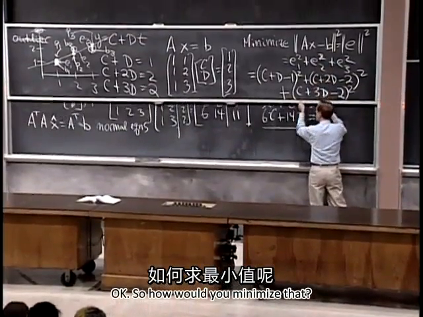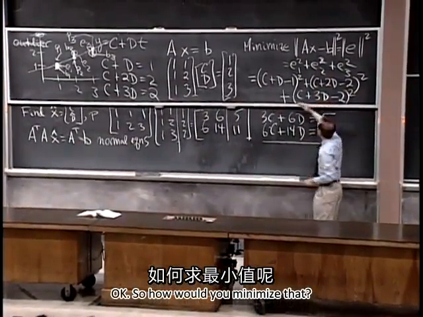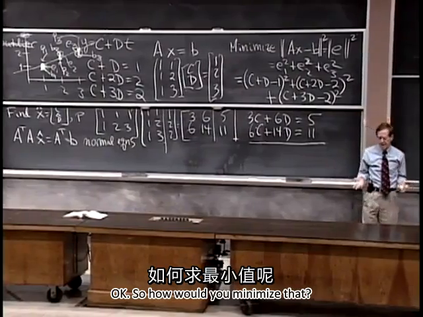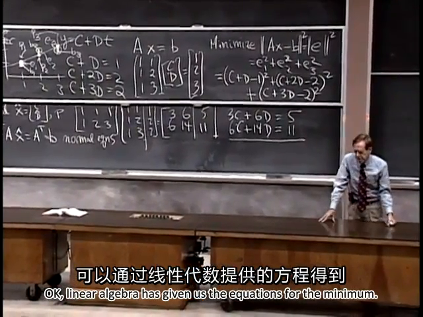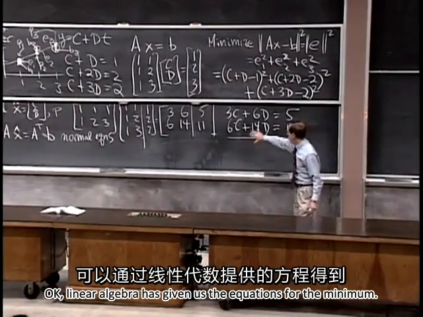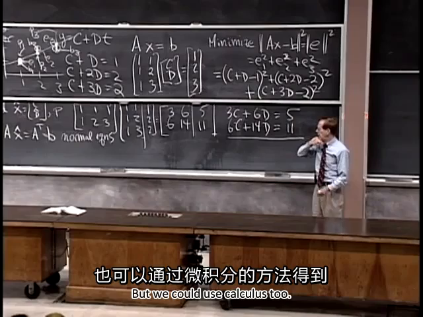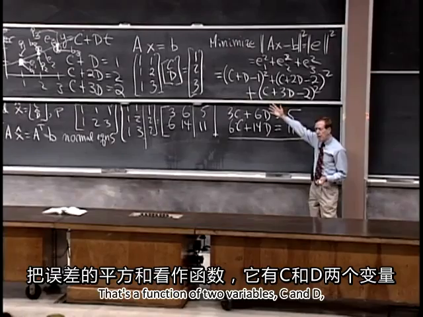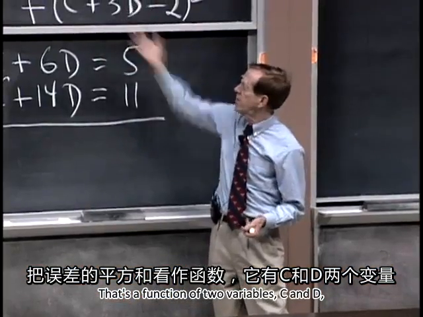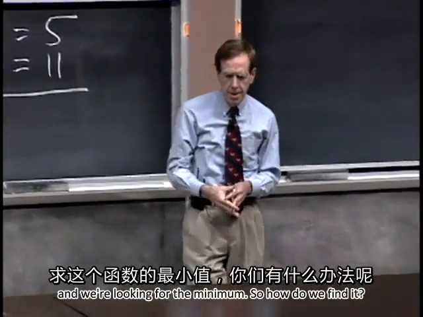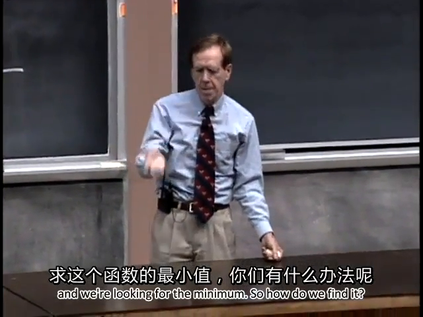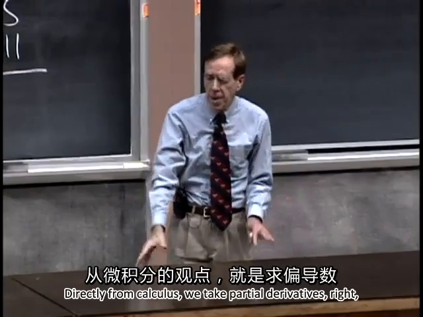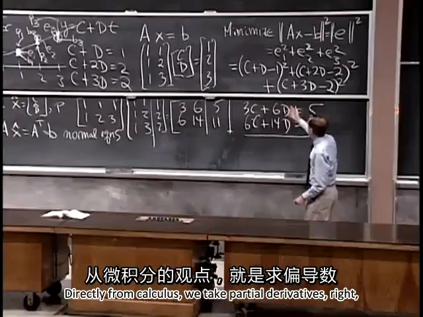Okay, so how would you minimize that? Linear algebra has given us the equations for the minimum. But we could use calculus too. That's a function of two variables, C and D, and we're looking for the minimum. So how do we find it directly from calculus? We take partial derivatives, right?